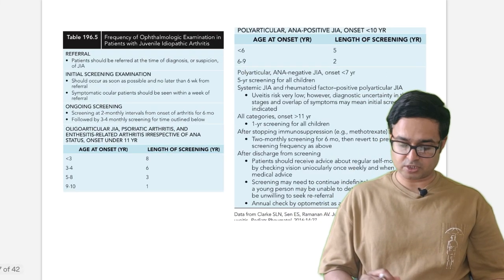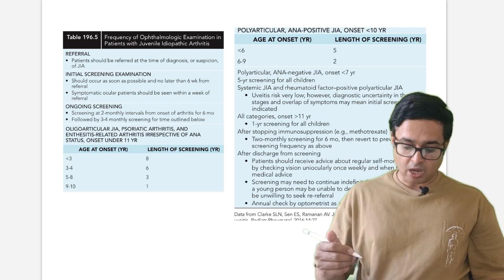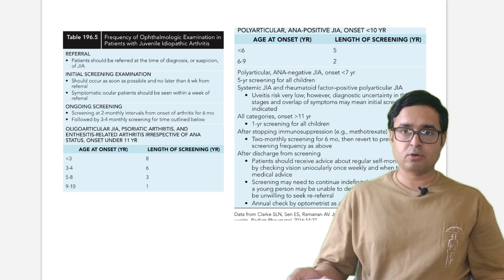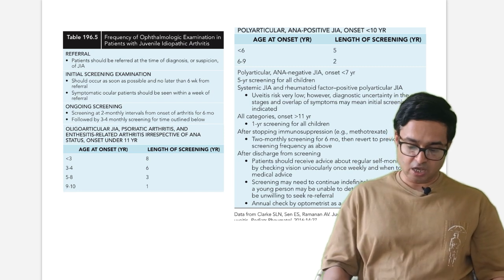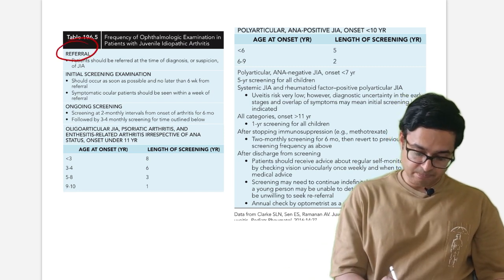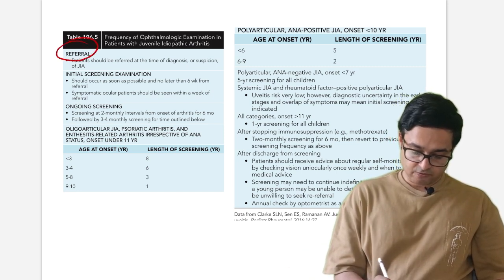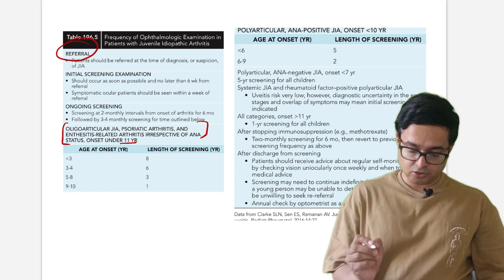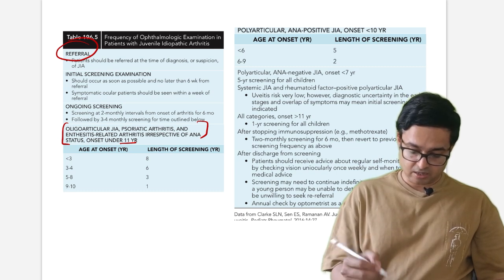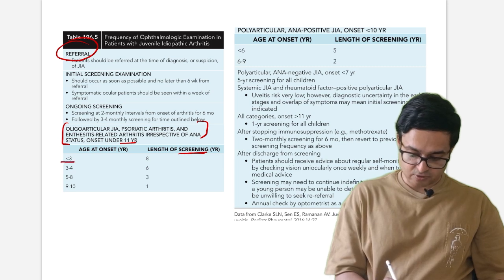These images are important. How will you examine these patients? Especially ophthalmological examination, you have to refer the patient immediately. If the conditions are oligoarticular, psoriatic, enthesitis, and onset under 11 years, the length of screening is 8 years if age of onset is less than 3, and 1 year if 9 to 10.